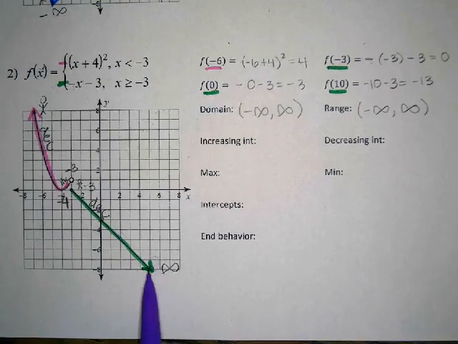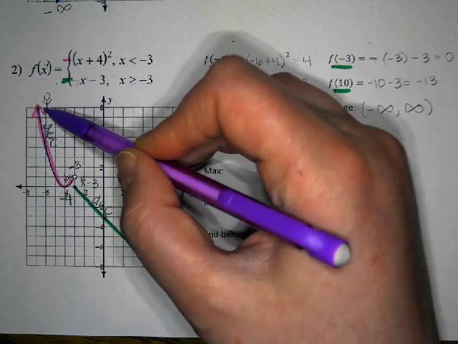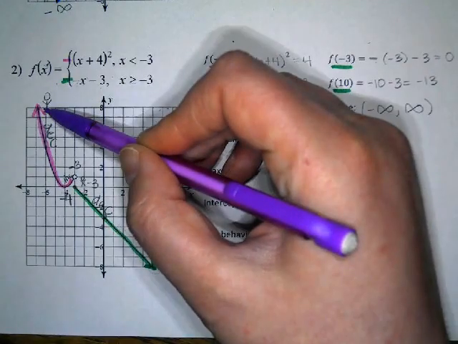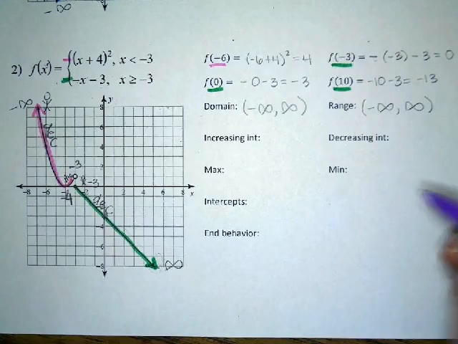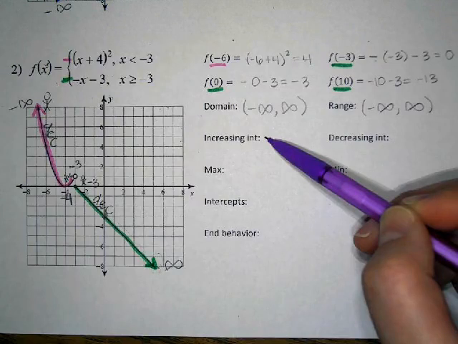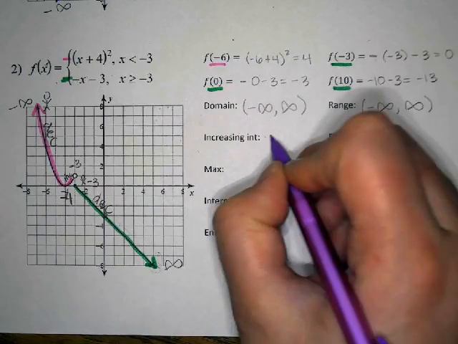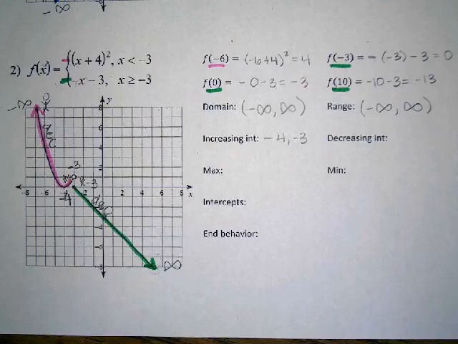What number should we put for this arrow? Negative infinity. Okay, so what should I put right here? Increasing interval. We have one increasing interval. -4, -3, and then someone other than Carly tell me brackets or parentheses for the -4 and -3. Parentheses. Somebody tell me why Miriam said that.